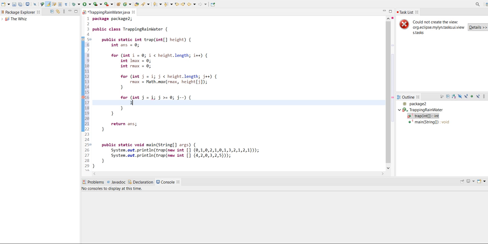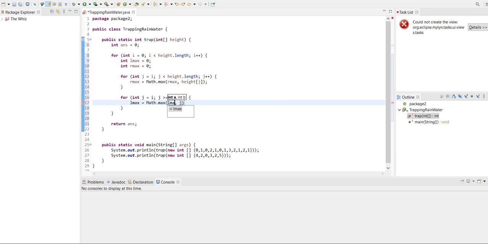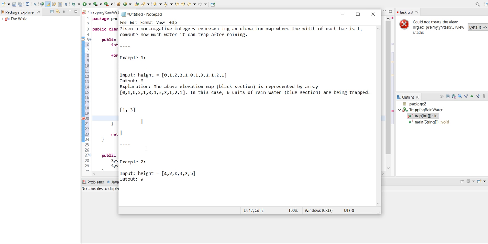We can say leftMax is equal to max of leftMax and height of j. And then lastly, we need to set the answer: ans plus equals Math.min of leftMax and rightMax, like we talked about in the problem here.